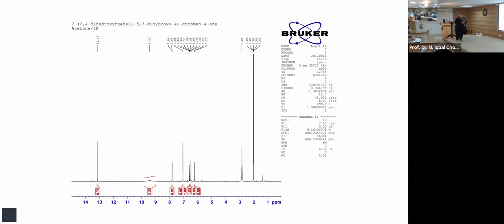The reason is that there are many exchangeable protons, like amide protons in proteins. Amide protons are exchangeable, right? And as Dr. Iqbal said, people working in biology and macromolecular NMR do not want to lose the information of nitrogen.